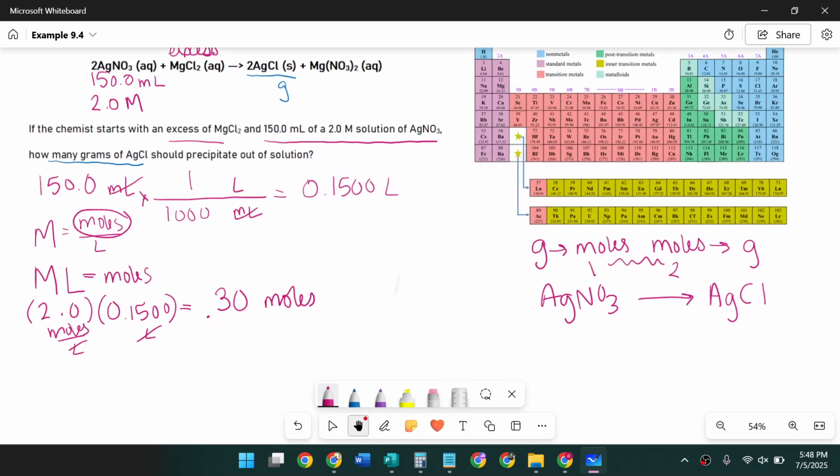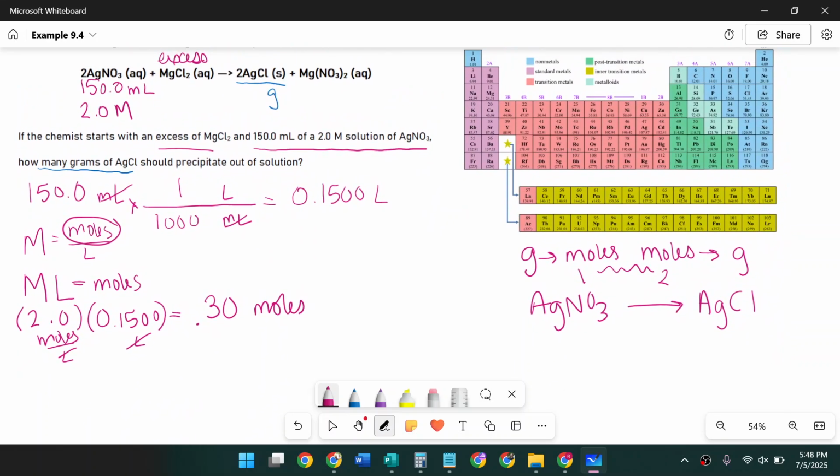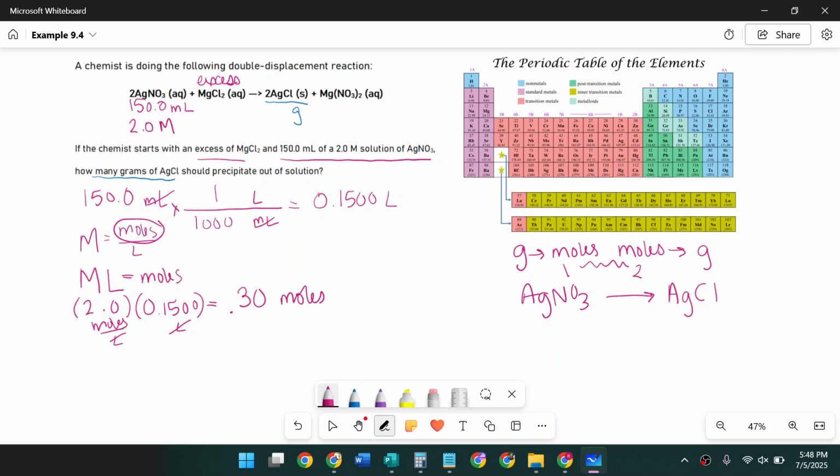You can do the conversion, and in fact let me squeeze this up a little bit. In the example in the book, you'll see that we have 0.30, and this is moles of AgNO3.